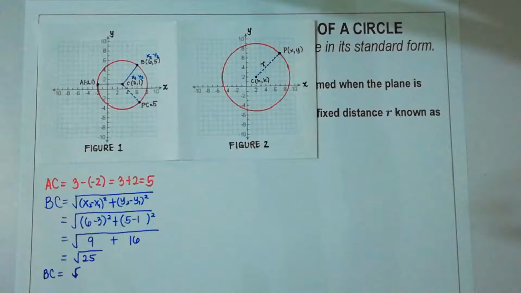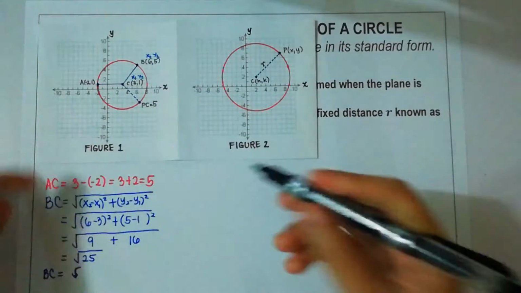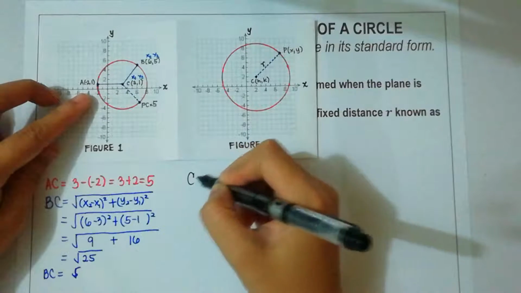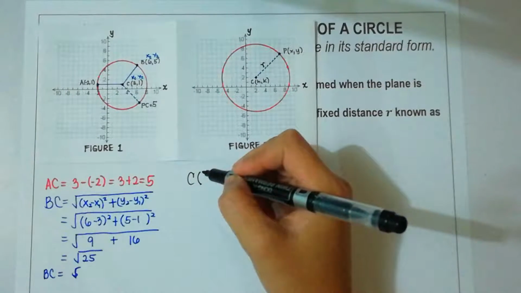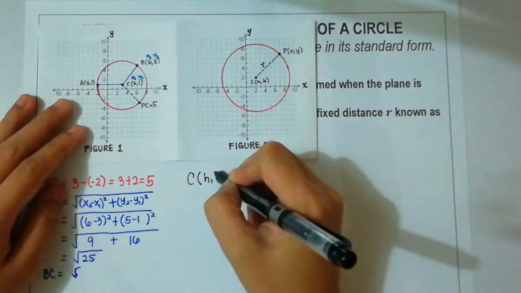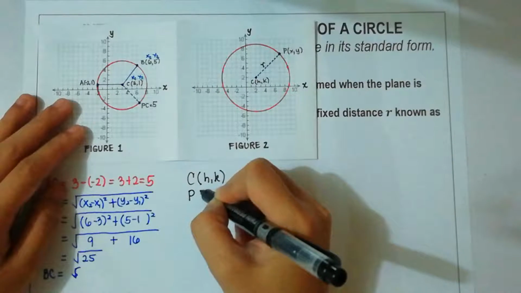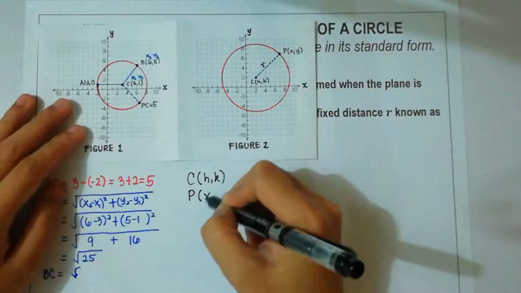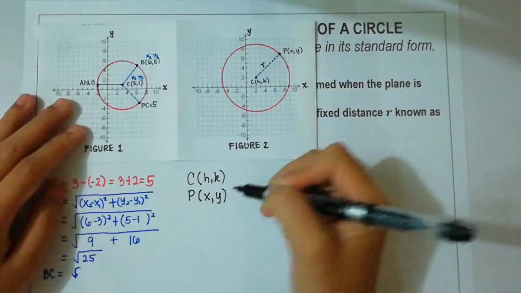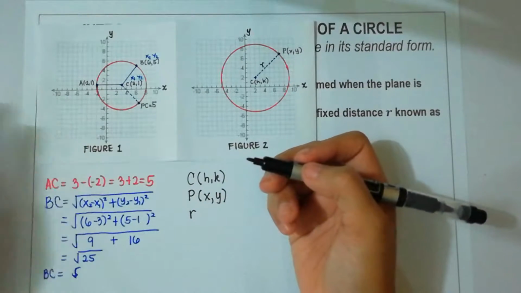Since we know that C, the center, has coordinates h and k, P has coordinates x and y, and the radius is equal to r.